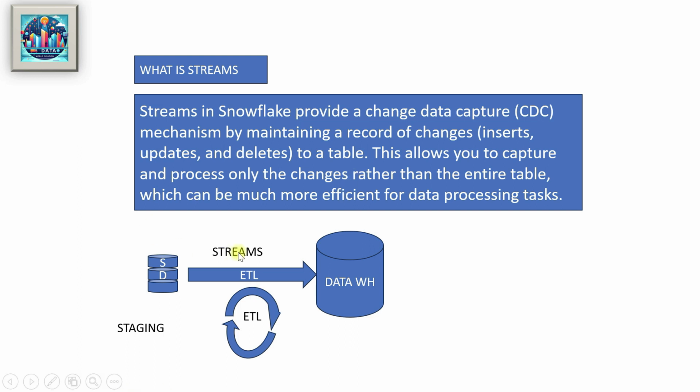For example, let's say this is the source and this is the data warehouse. We want to extract this data from the source and write it into the data warehouse. We are doing this via delta load. What is delta load? That means if we have additional rows or some changes in our data source, we want to load them into the data warehouse using stream or ETL.